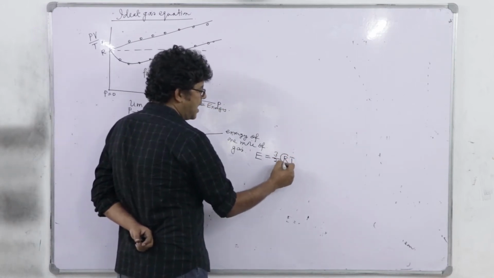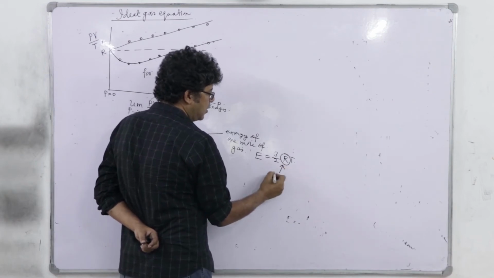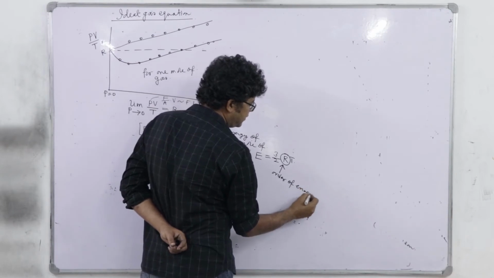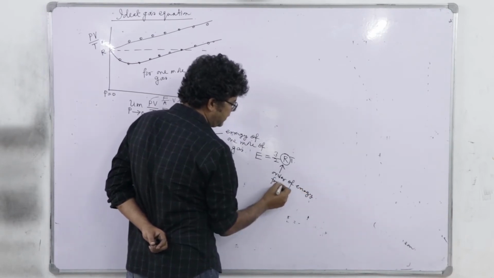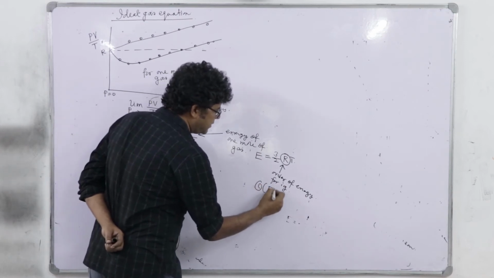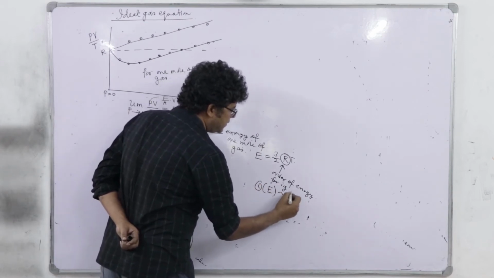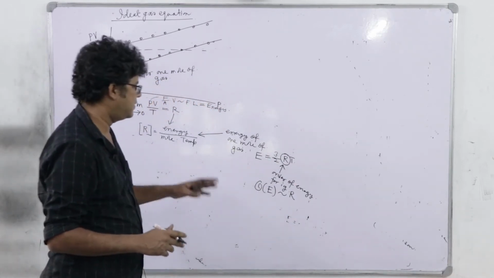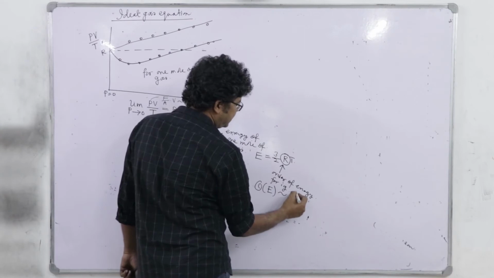So, R is the order of energy for ideal gas. The order of that energy is RT.